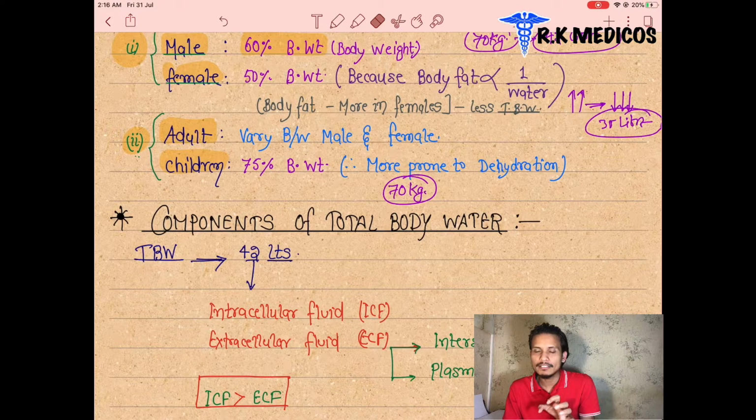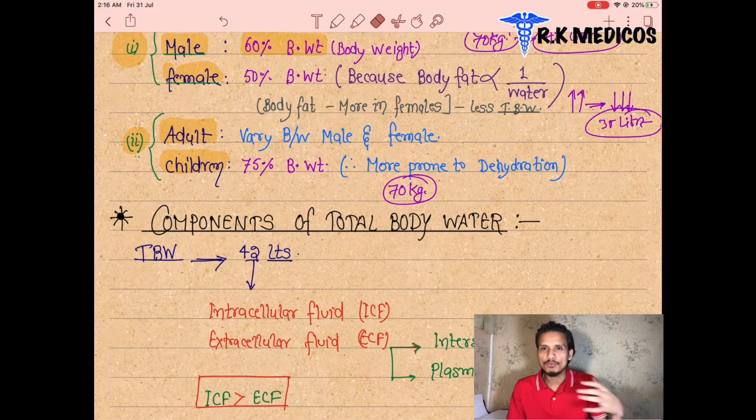In children there is a total body weight, and of this body weight, 75% is constituted of water. It means these children have more water in their body, and this water is going to be lost, or exit from the body. So what happens to this child?